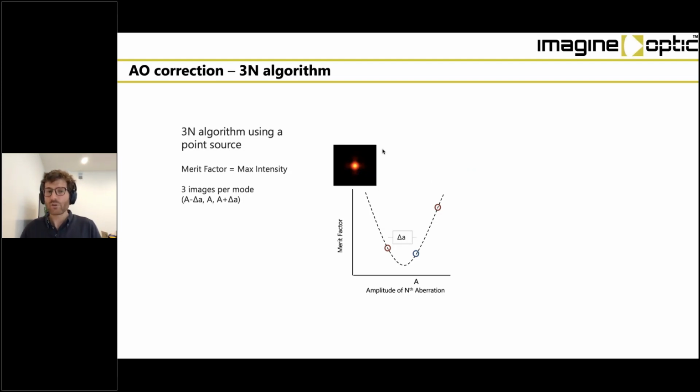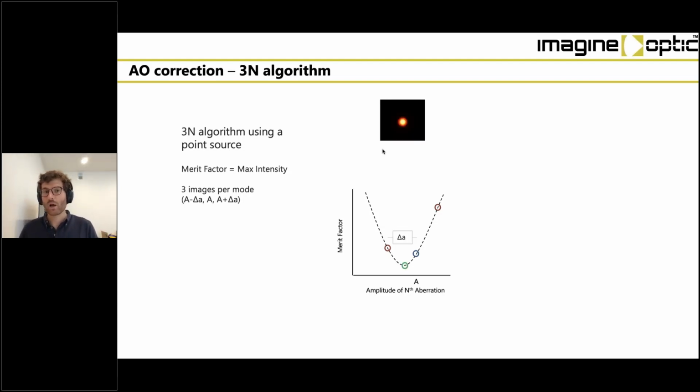And hopefully there is a law that says that the intensity of a diffraction limited bead or sample follows a quadratic rule with the quantity of aberration you apply. So with 3 points, you can plot this curve and determine what is the best quantity of aberrations, in this case astigmatism, you need to apply to get the best PSF. And here it is.